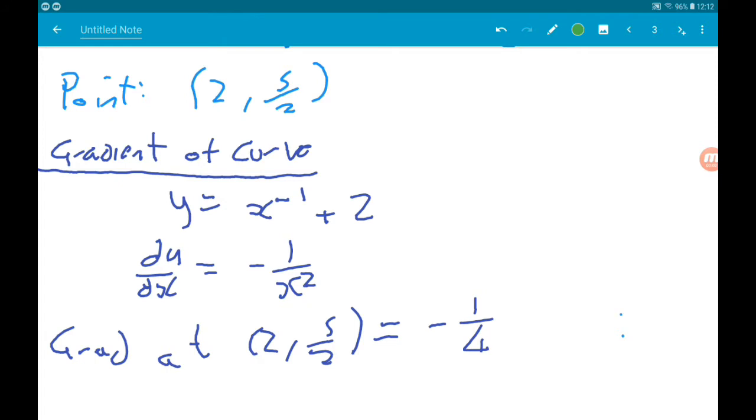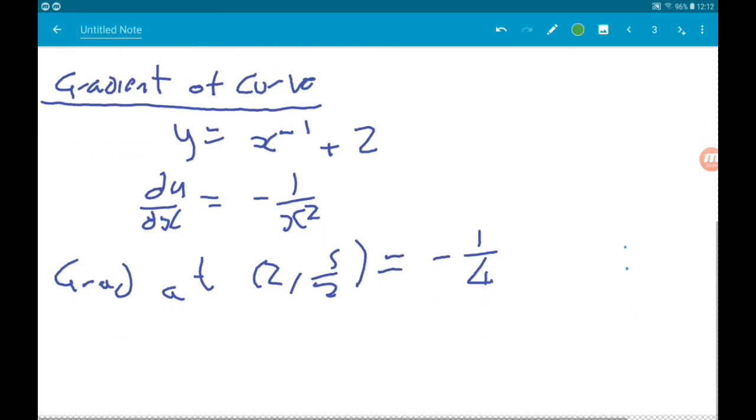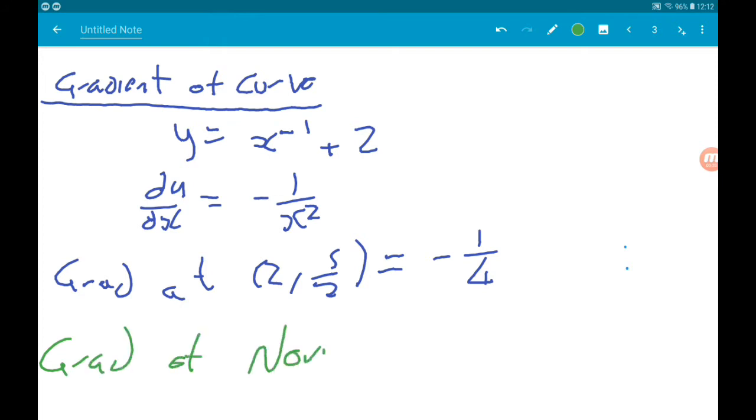So normals are perpendicular to the curve, so the gradients multiply together to minus 1. More simply, the gradient of the normal is the negative reciprocal of the gradient of the curve. So the gradient of the normal is positive 4 over 1. So that's just 4.